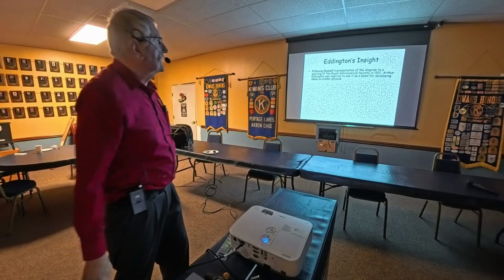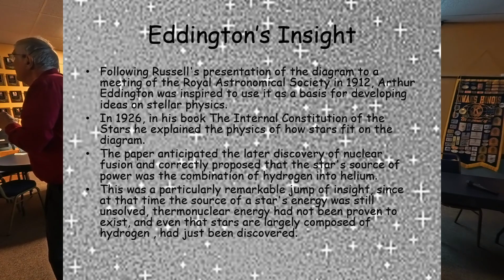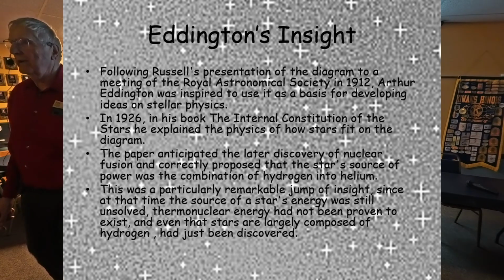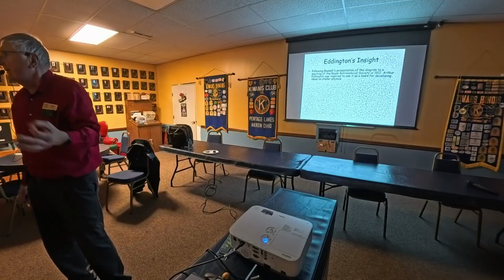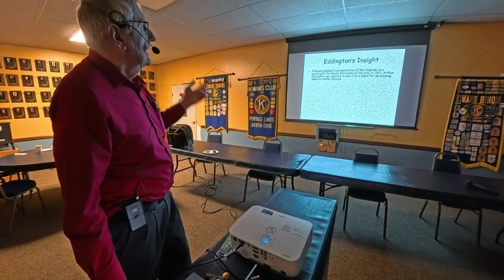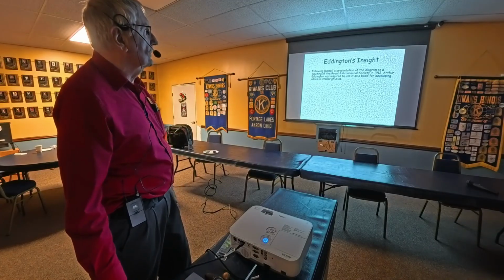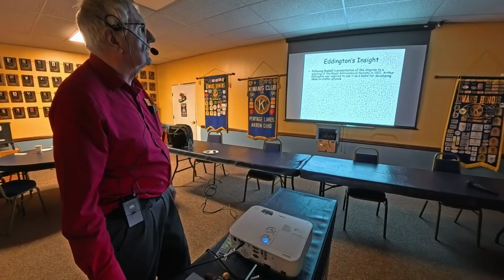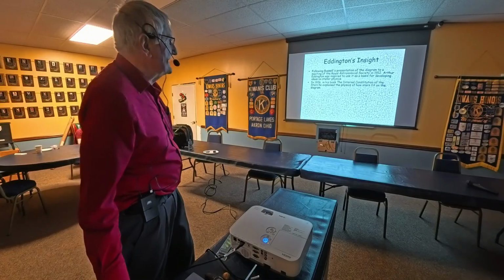Okay? And it was Arthur Eddington that first proposed this, and this was before we knew how stars worked. Okay, we had no idea where they were getting their energy from. We knew it wasn't chemical energy or anything else because they wouldn't last that long. And after Arthur Eddington heard a presentation by Russell in 1912, he came up with this basic idea.